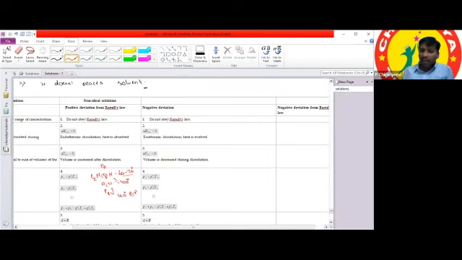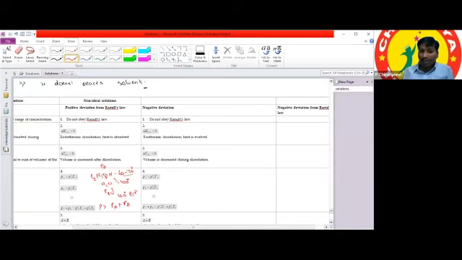If you add them together, the total vapor pressure P is greater than PA plus PB. Individually they have different values. Together, the total pressure is greater than PA plus PB.